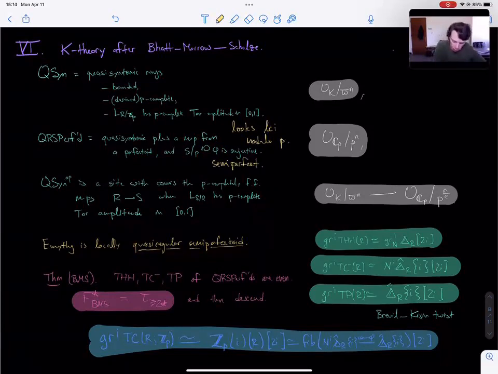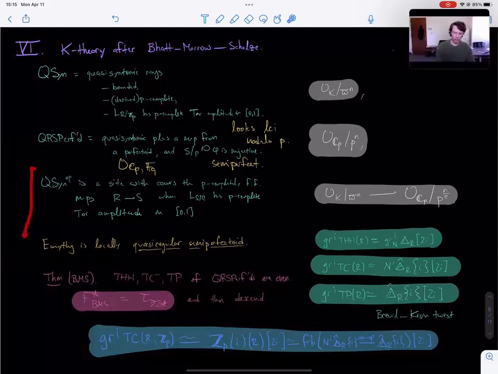I'm not going to define perfectoid, but think of things like O_{C_p}, the ring of integers in the p-completion of the algebraic closure of Q_p, or F_q, which is also perfectoid, at least by my convention. Okay, so examples of these quasi-regular semiperfectoids would be O_{C_p} modulo p to the n. That's like an infinite version of this problem that we're considering.